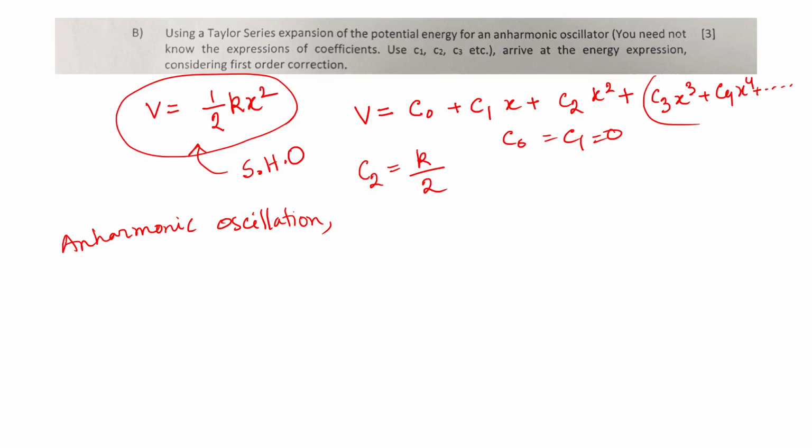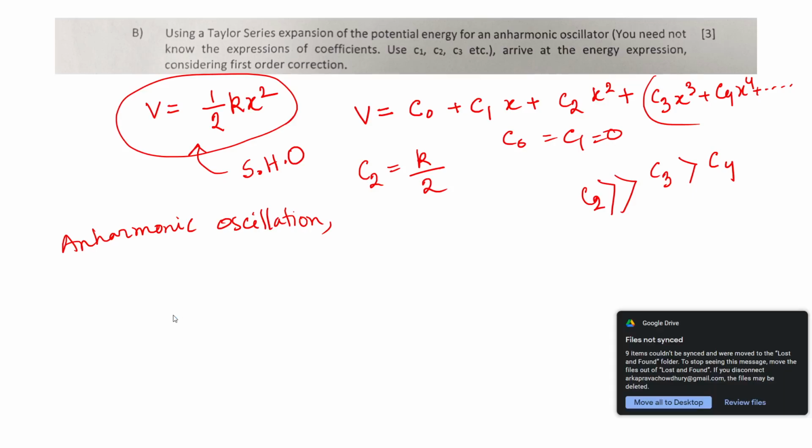But we also have to understand that C3 is going to be greater than C4, but obviously my C2 is very much greater than C3, because in the denominator that part is going to increase. So how do we look at the perturbed energy?